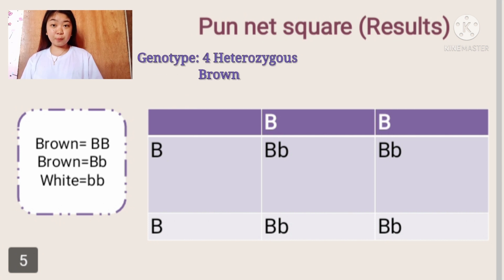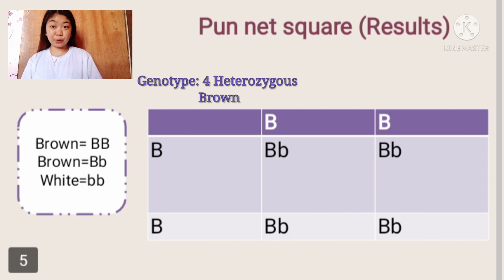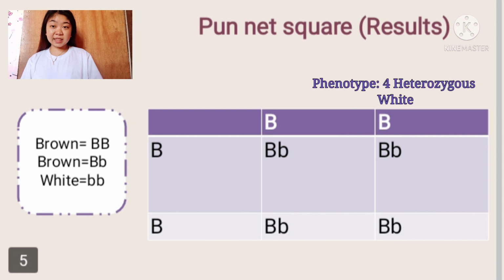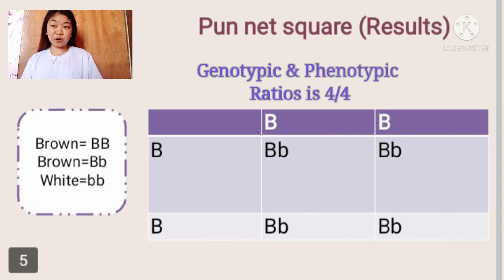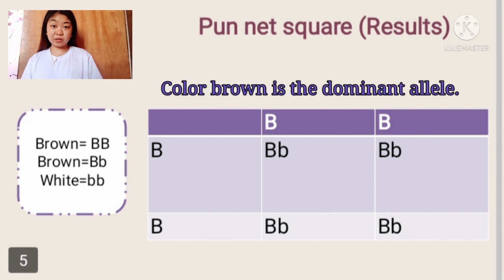In genotype, we have 4 heterozygous brown, and for the phenotype, we have 4 brown, and the genotypic and phenotypic ratios are 4/4. So now we can see that the color brown is the dominant trait between the male rabbit that is homozygous brown and the female rabbit that is homozygous white, so the ratio is 4:4.